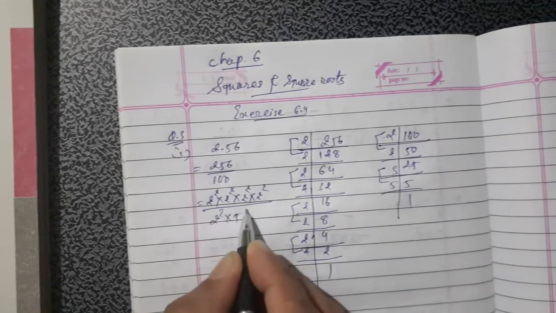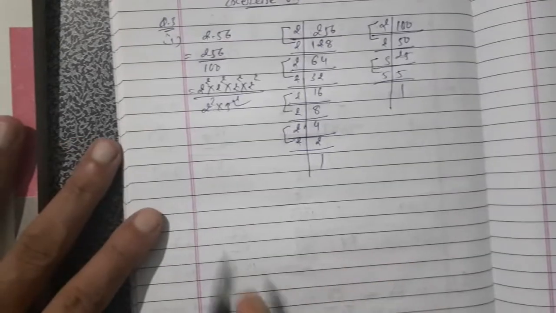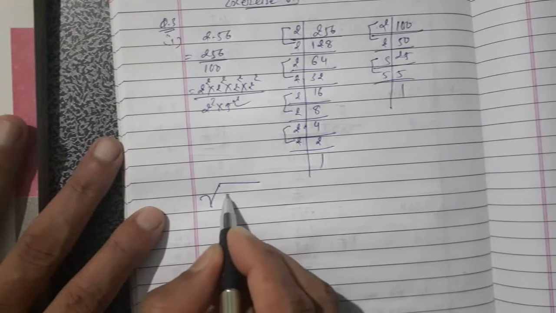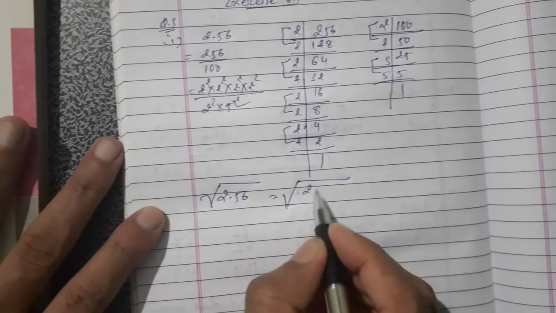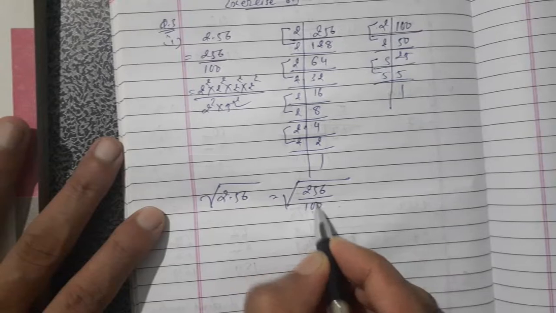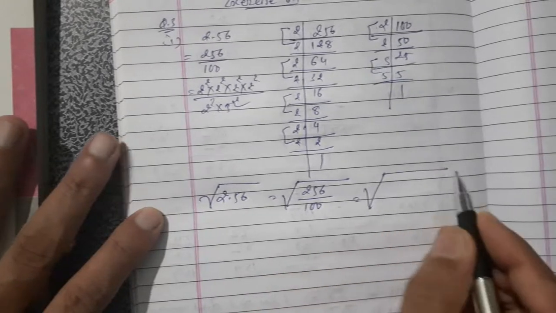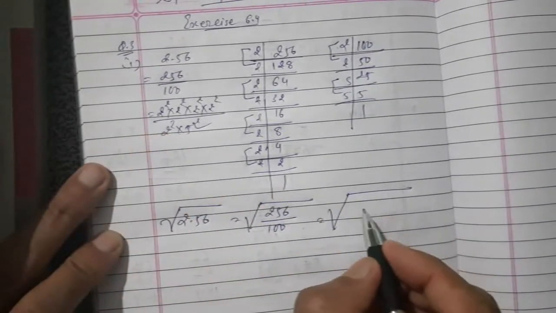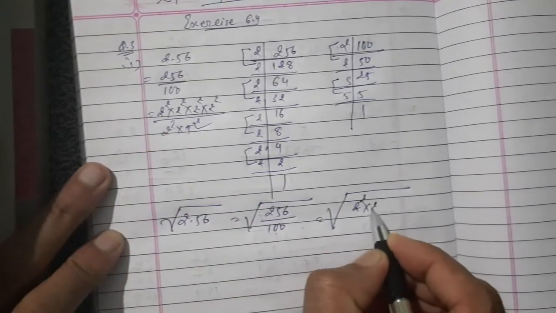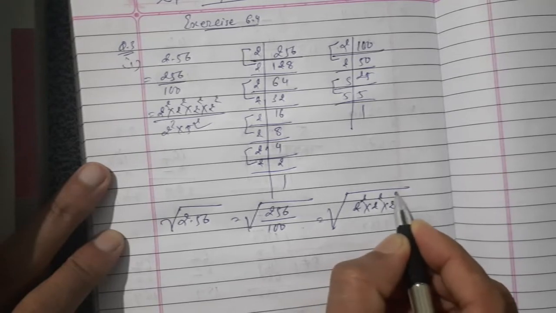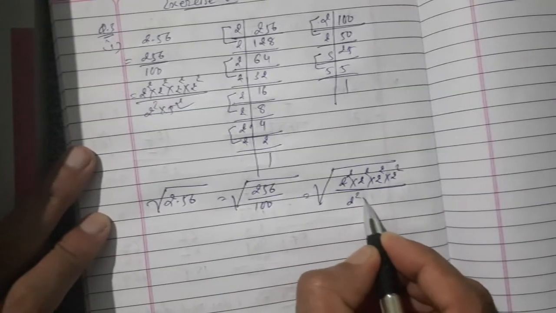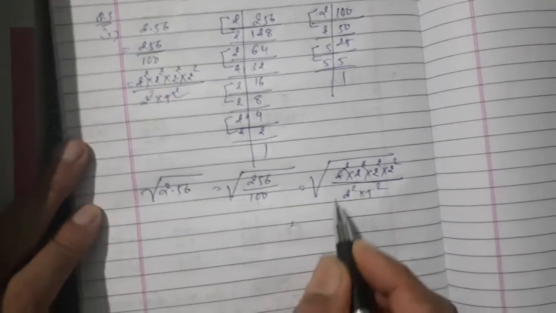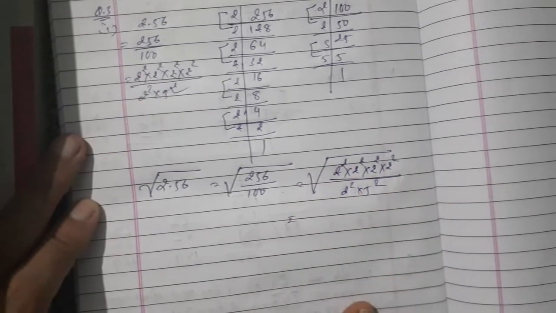Now we want the square root of 2.56, which equals the square root of 256 divided by 100, which equals the square root of 2 square, 2 square, 2 square and 2 square divided by 2 square and 5 square.